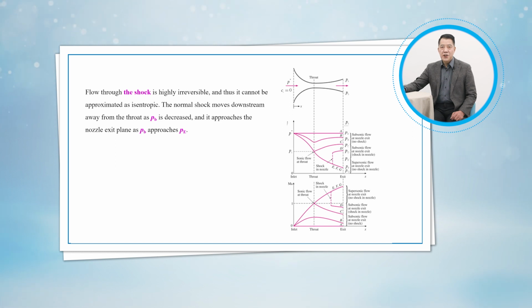Flow through the shock is highly irreversible, and thus it cannot be approximated as isentropic. The normal shock moves downstream away from the throat as PB is decreased, and it approaches the nozzle's exit plane as PB approaches PE.